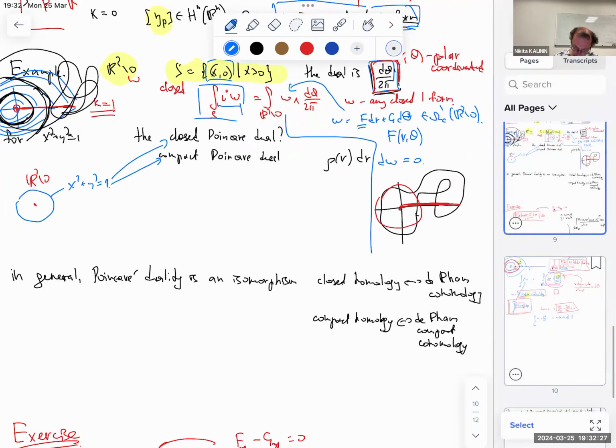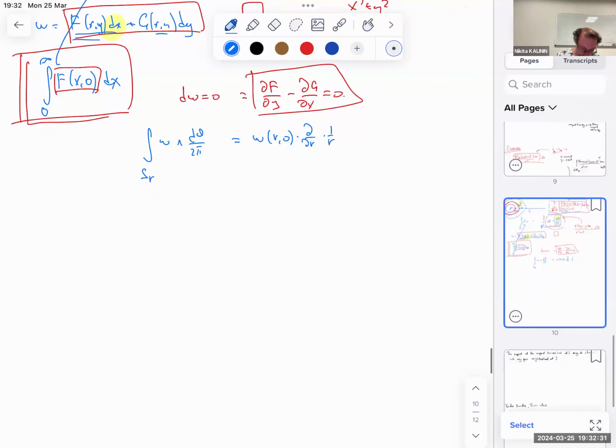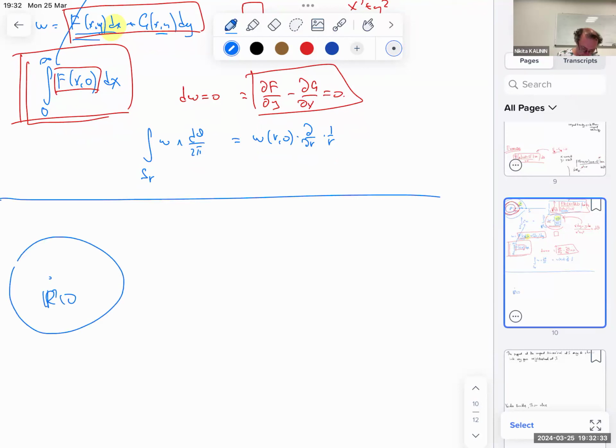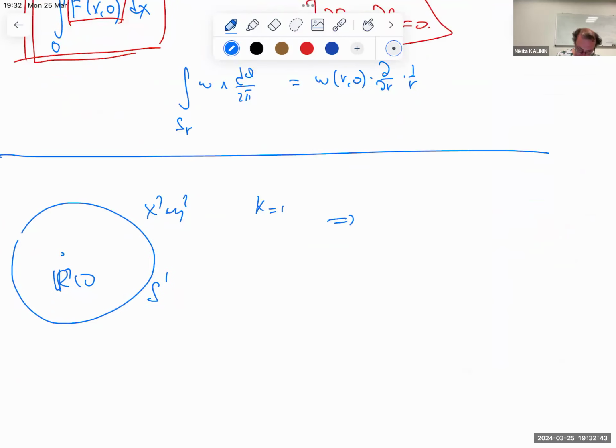Here we have a circle, and that's my submanifold S1, so k equals 1. And then I can associate to it both eta prime S1 and eta S1.